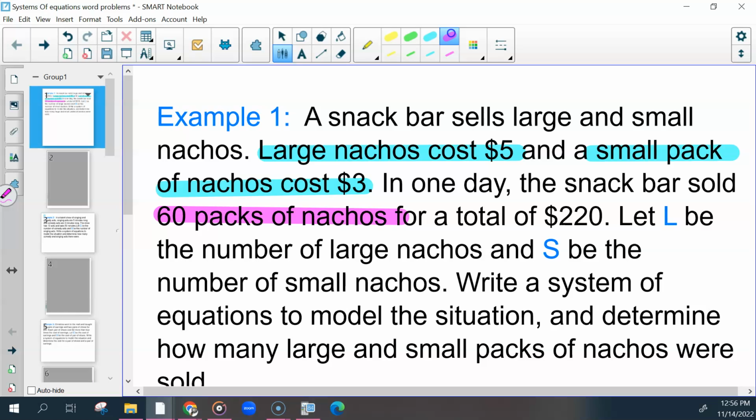Anything else? L large nachos and S small nachos. In general, all numbers you see are important.